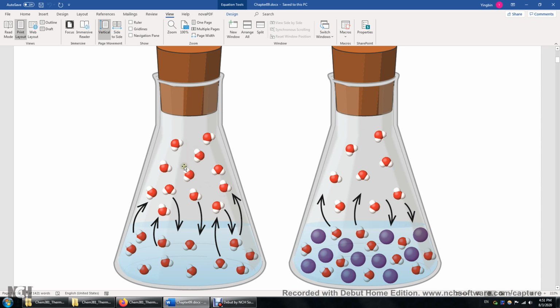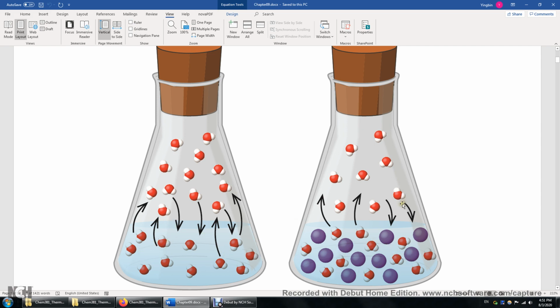Now let's look at the condensation speed. In this flask and this flask, when both flasks are at equilibrium, the condensation speed of this one should be equal to the evaporation speed. Same here. Now the evaporation speed of this one is only 50% of this one.